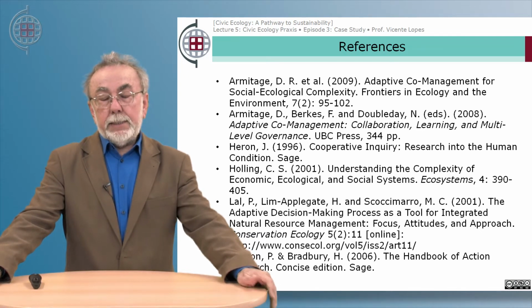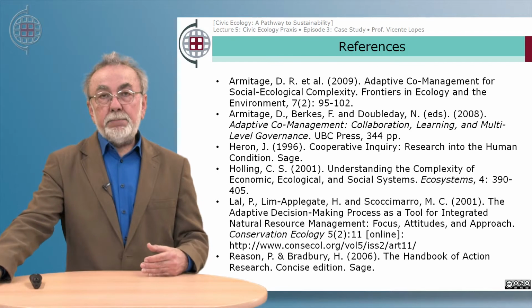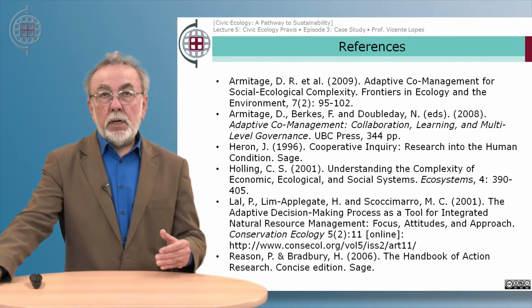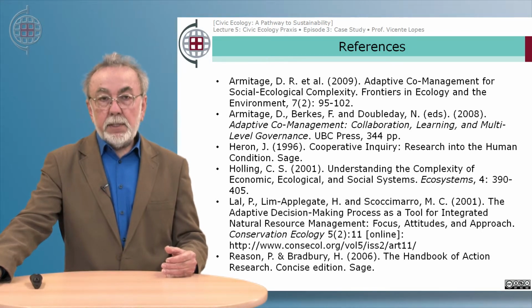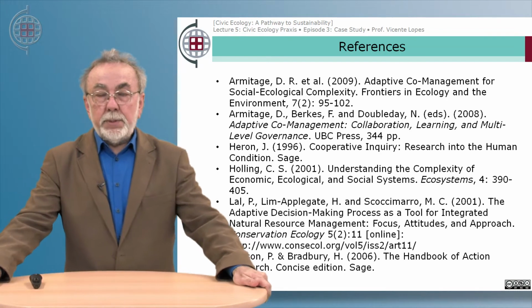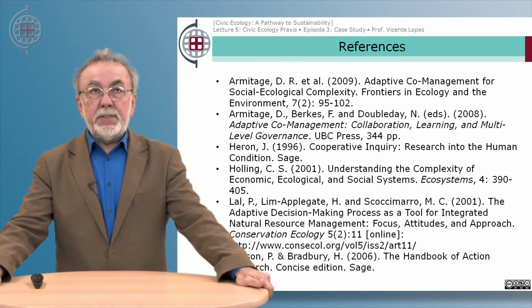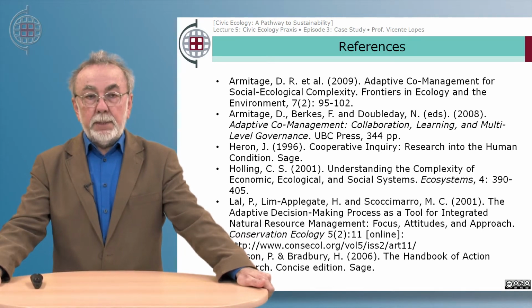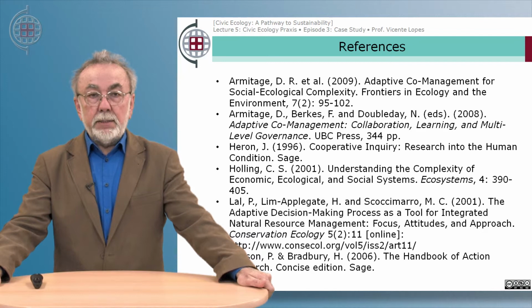Also, we use complex adaptive systems as the theoretical basis for civic ecology praxis. And one of the classic papers that describes the complex, unpredictable, uncertain nature of social ecological systems is a paper by one of its major proponents, Crawford Stanley Holling, published in 2001.